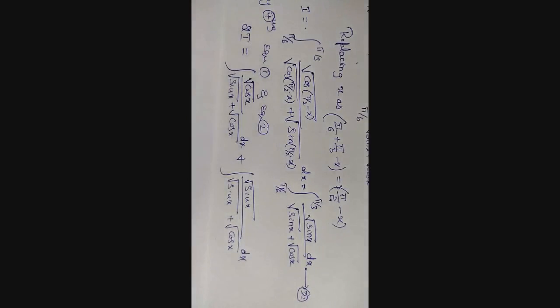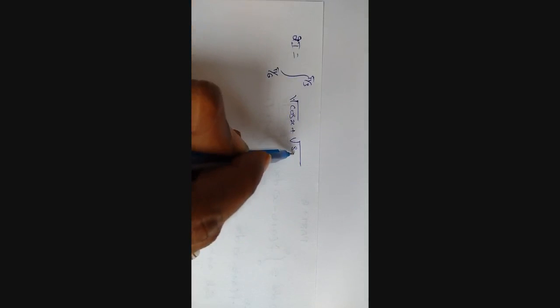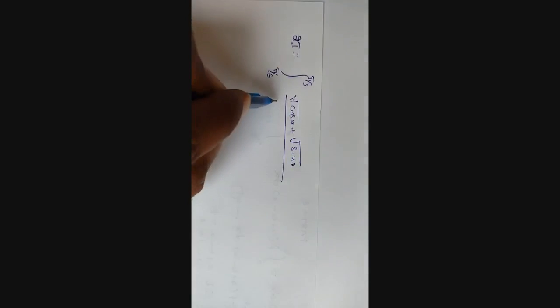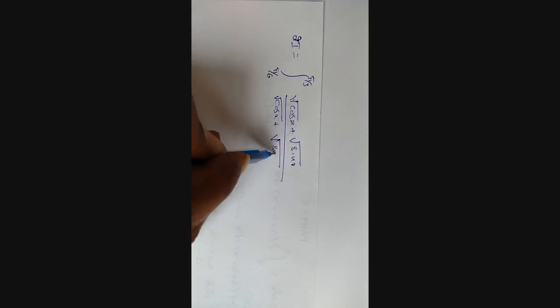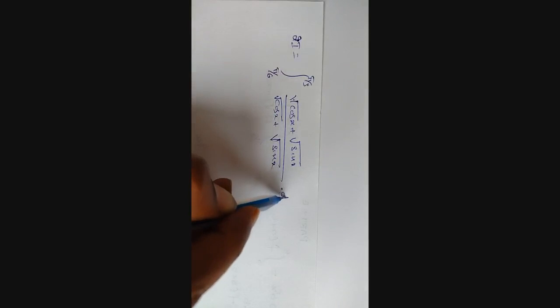By adding these two terms, we will get 2I is equal to the integration from pi by 6 to pi by 3 of root of cos x plus root of sin x divided by root of cos x plus root of sin x into dx.